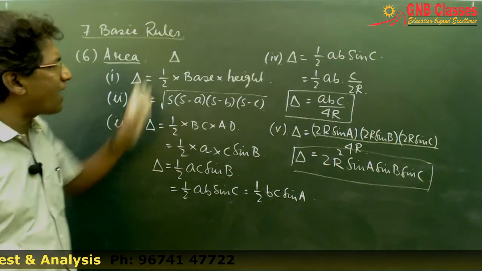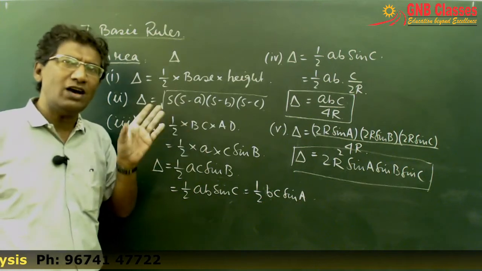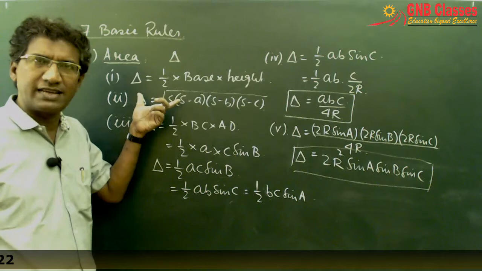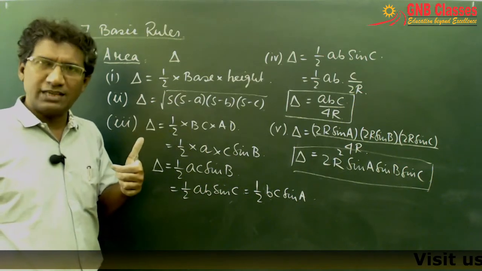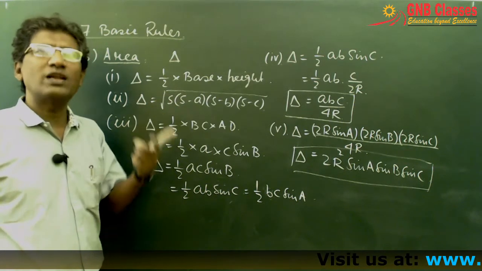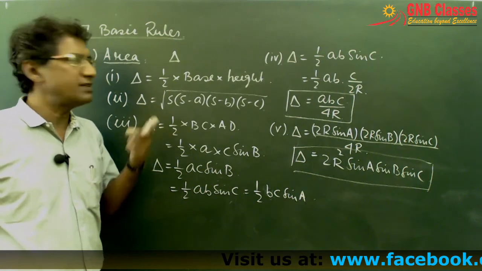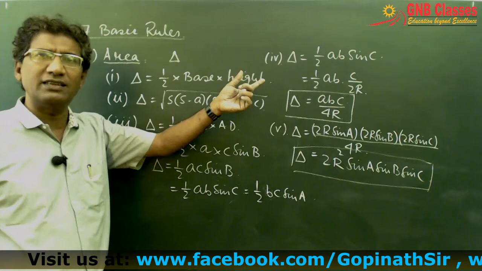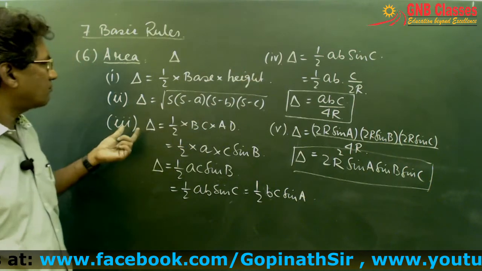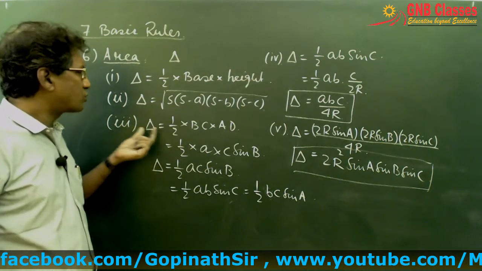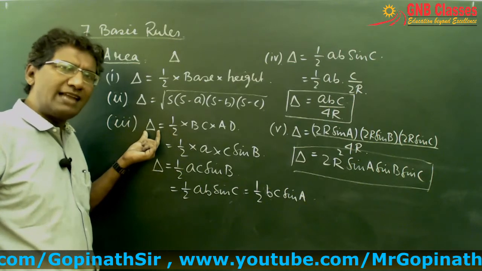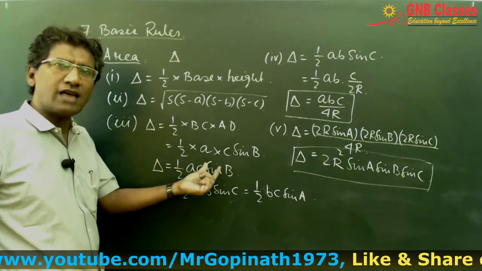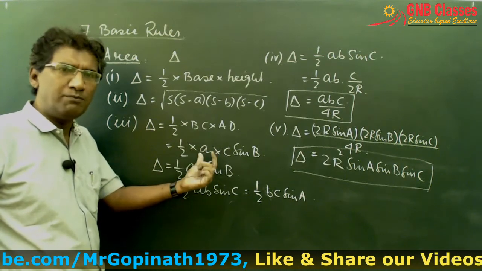So we have learned 5 formulae for finding the area of any triangle. The first two we have done in class 10: half into base into height, and Heron's formula, that is under root s into s minus a into s minus b into s minus c, where s is the semi-perimeter. Then the area can also be calculated by half into product of any 2 sides into sine of the angle between them.